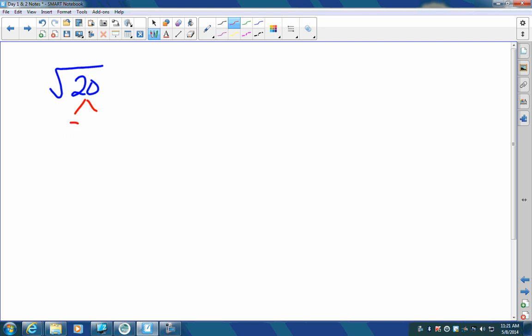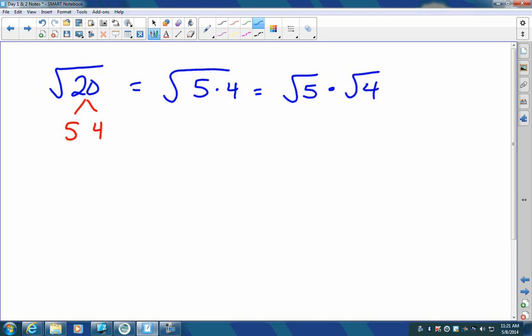Okay, we got 5 times 4, right? So we could have the square root of 5 times 4, which is the same as saying the square root of 5 times the square root of 4. We know what the square root of 4 is, right? What is that? 2. And then what's left is the square root of 5. This would be your simplified answer.